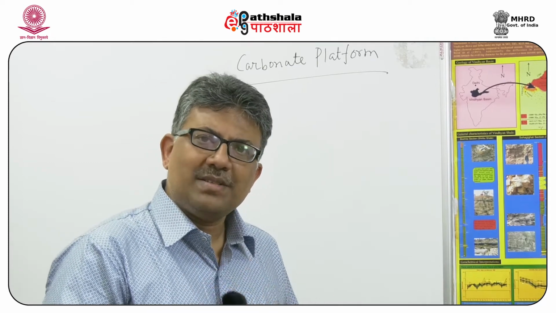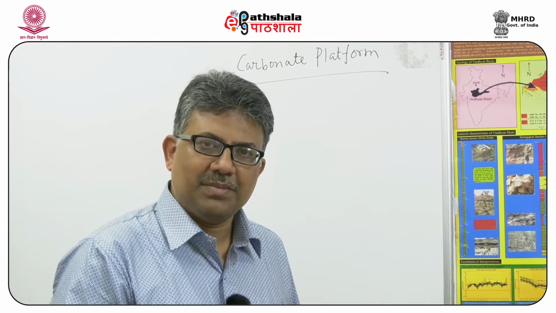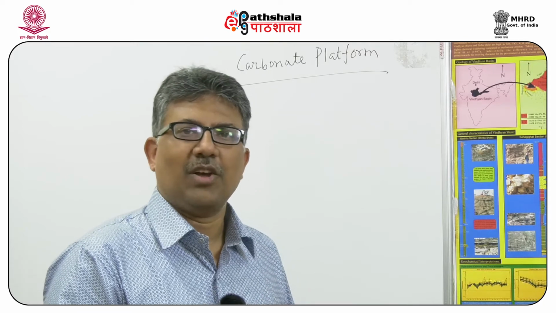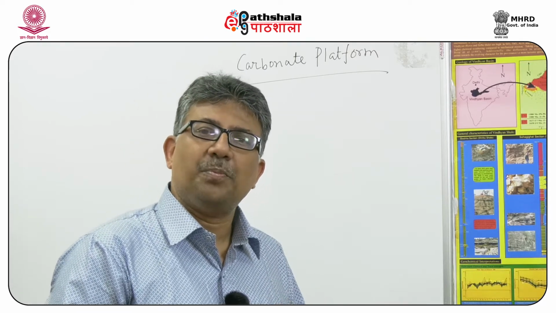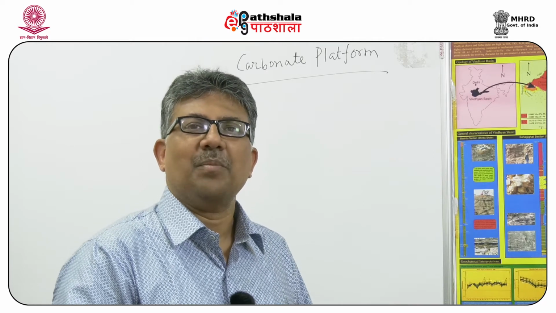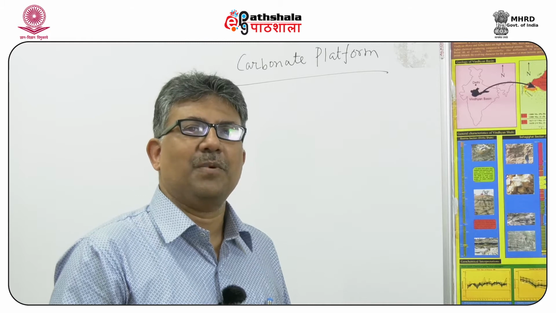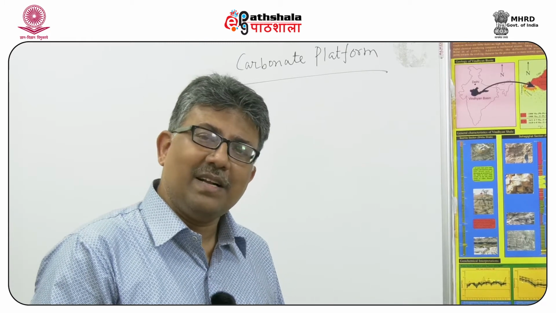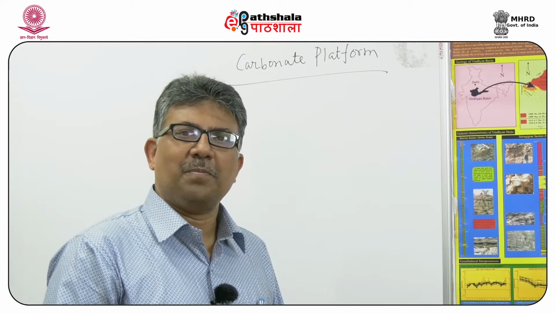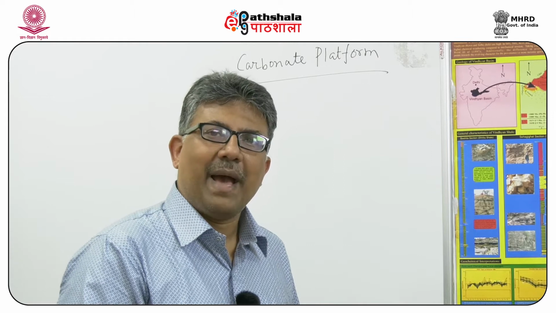So once we know that carbonates are basically the product of all these precipitates and skeletal components, where do we expect to form the best carbonate platforms? We expect the best carbonate platforms to be developed in passive margin settings. Besides that, we can also get some carbonate platforms in intracratonic basins, or in the back arc.